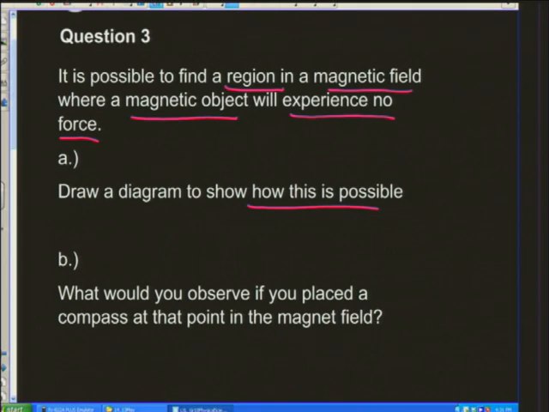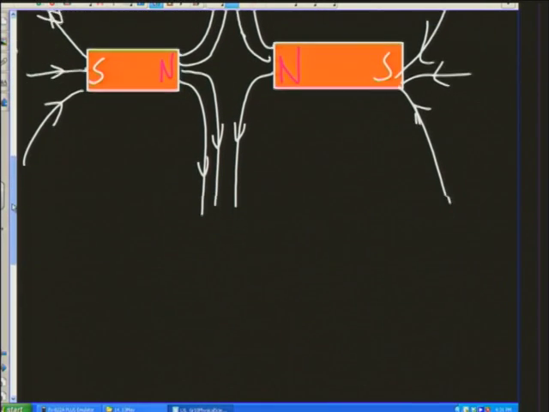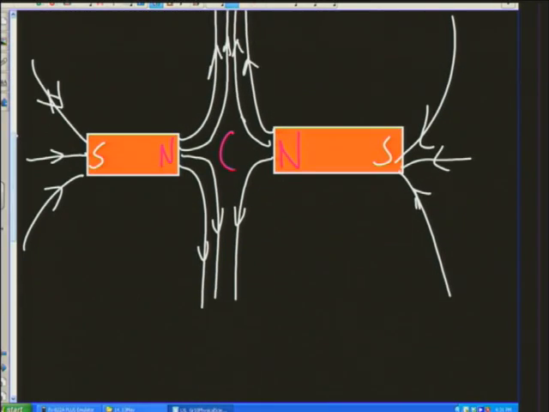And the next part of the question, what would you observe if you placed a compass at that point in the magnetic field? Well, the answer is right there. That point is known as the null point. Okay? It's known as the null point.